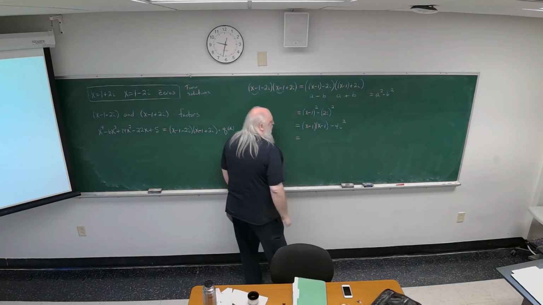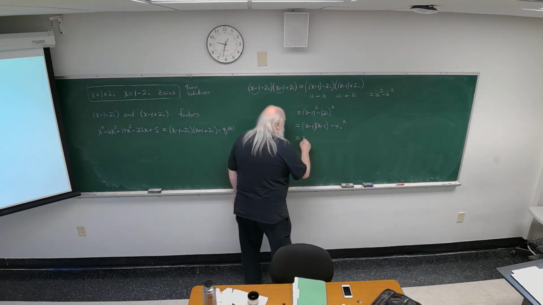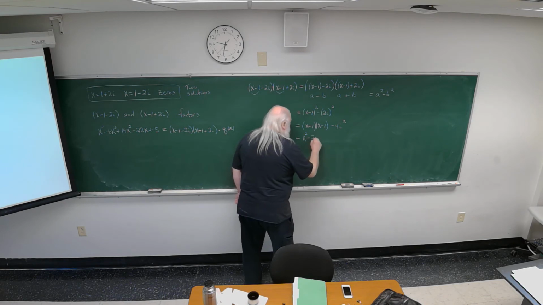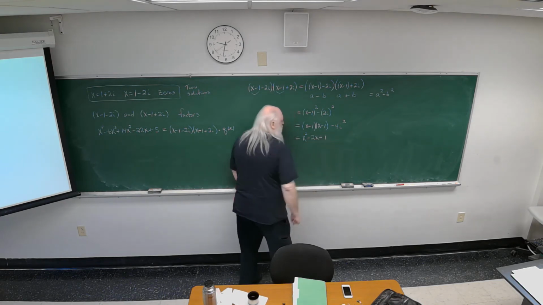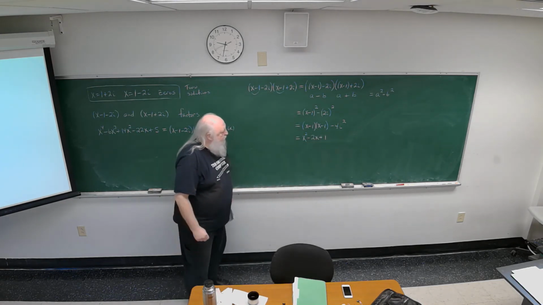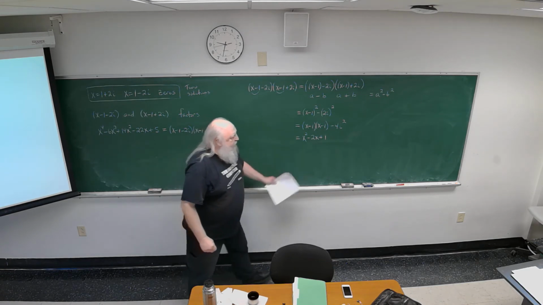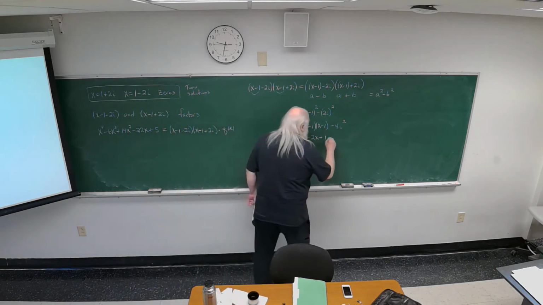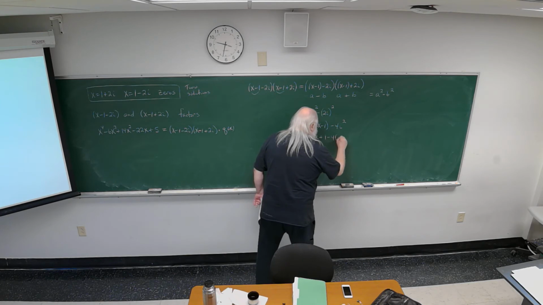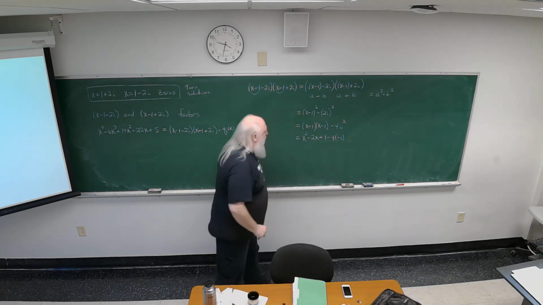Now when you FOIL x minus 1 times x minus 1, you end up with x squared minus 2x plus 1. And then minus 4i squared is minus 4 times negative 1, right? i squared is negative 1.